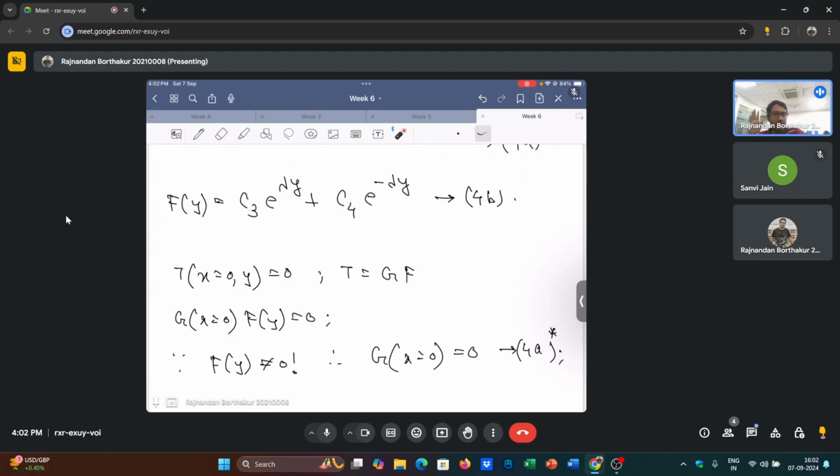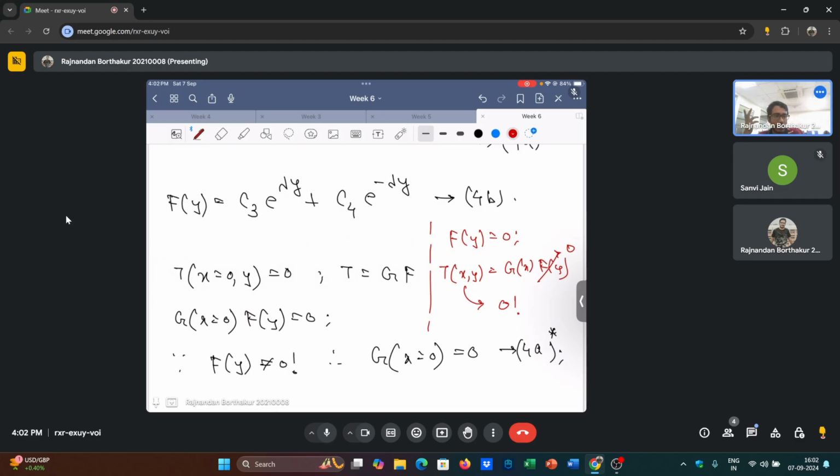Now let's consider the other way around where f of y is equal to 0. If my f of y is 0, this means my temperature, T of x y, which is the product of g of x times f of y, becomes 0 because f of y is 0.